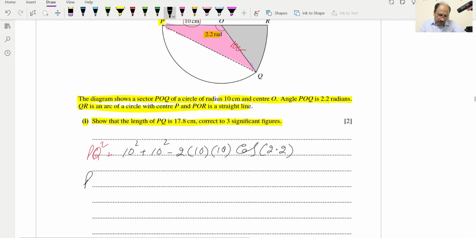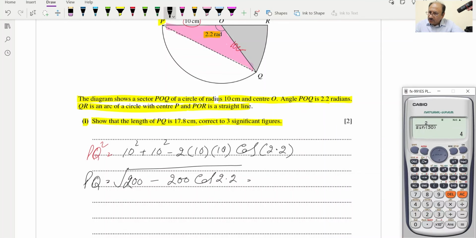So PQ will be equal to, this will be 100 plus 100, so we can write 200, minus 100 into 2 will be 200 cos of 2.2, and we take the root of this.